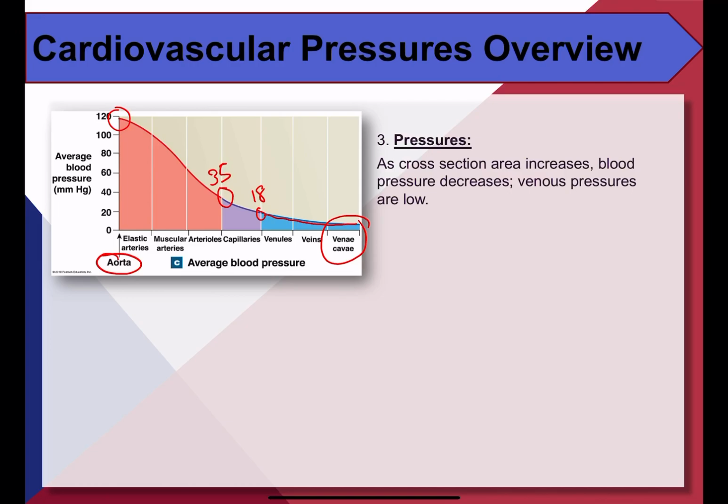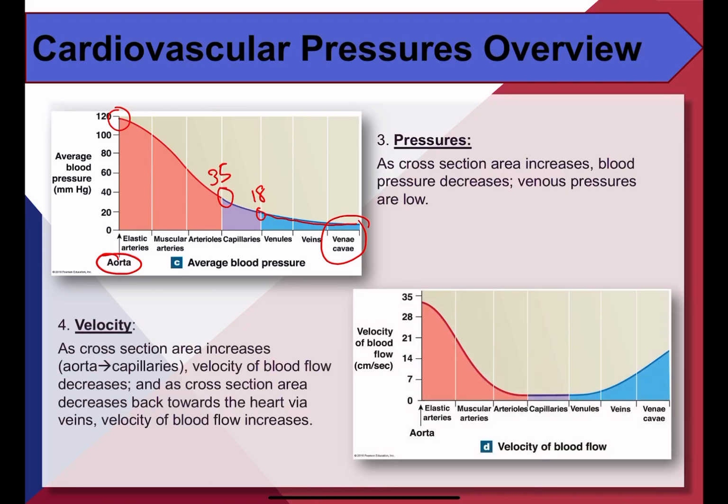So if you relate the values we have for cross-sectional area with pressure, the more surface area there is, the lower pressure it will be. And hence how fast the blood can flow is another correlated value as well.